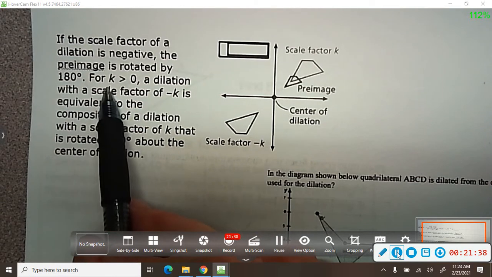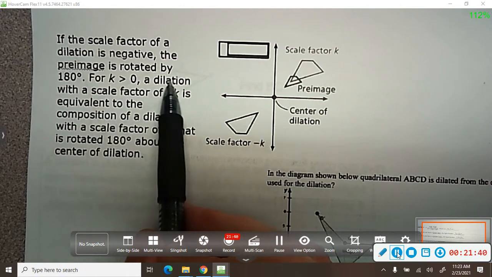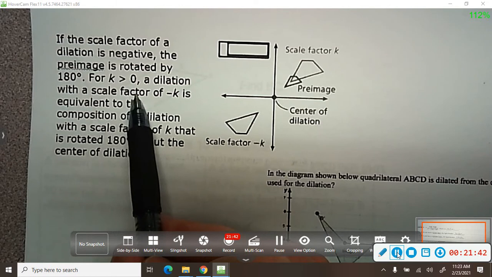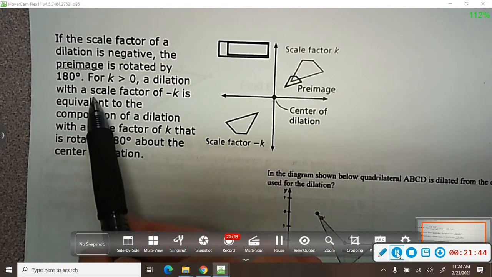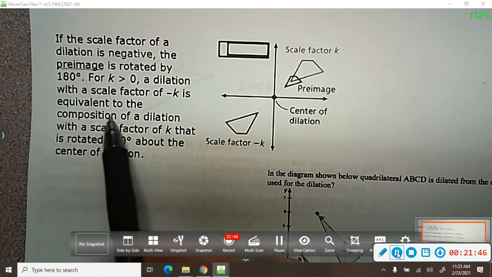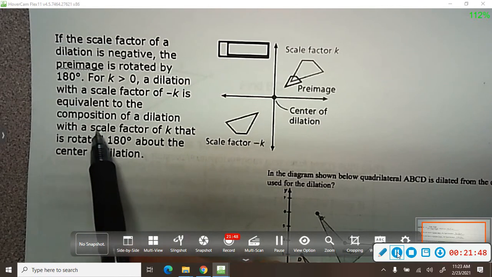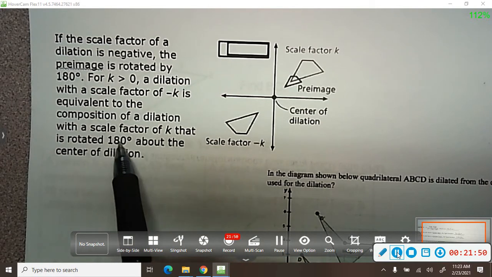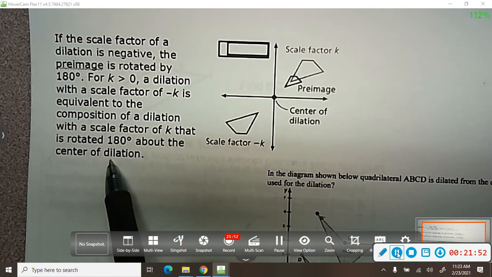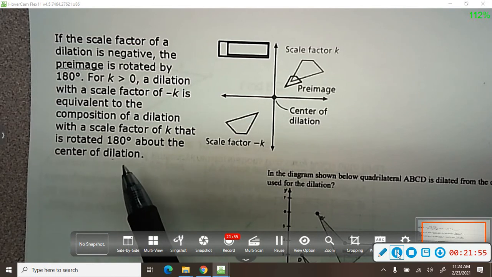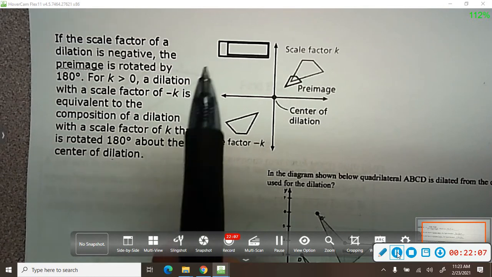So if the scale factor k is bigger than 0, a dilation with a scale factor of negative k is equivalent to the composition of a dilation with a scale factor of k that is rotated 180 degrees about the origin. So if I ask you about negative scale factors, like -2, you would say -2 still makes it larger. It's just also going to be rotated.